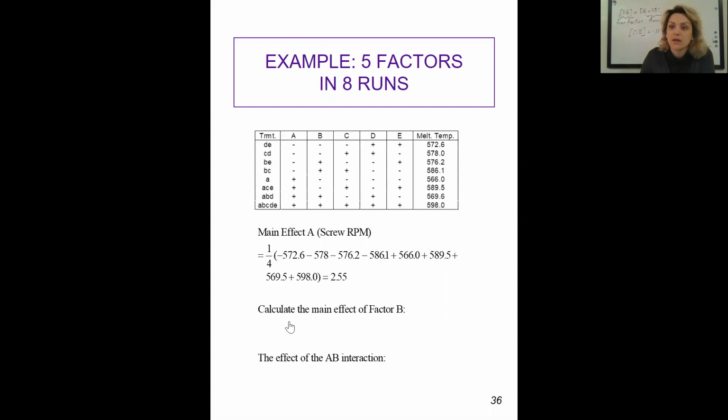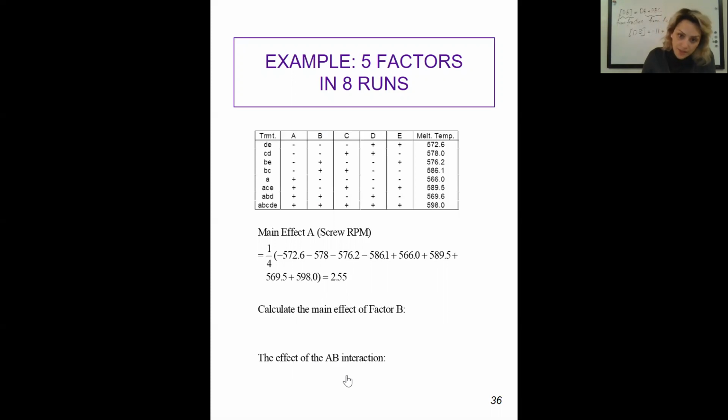As an example, please calculate the main effect of factor B. I don't write it down on the board because we did it many times. So you have the factor B, you have the positive ones and negative ones. The final answer should be 5.95, the main effect of B. When you do that, just check your final answer.